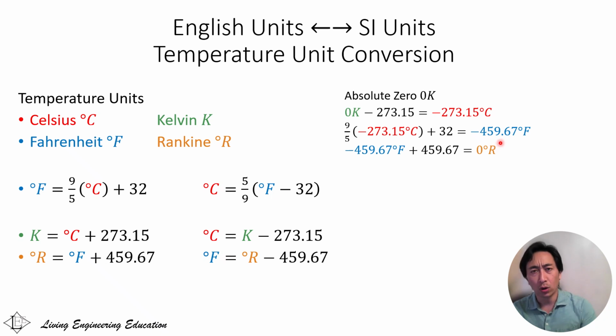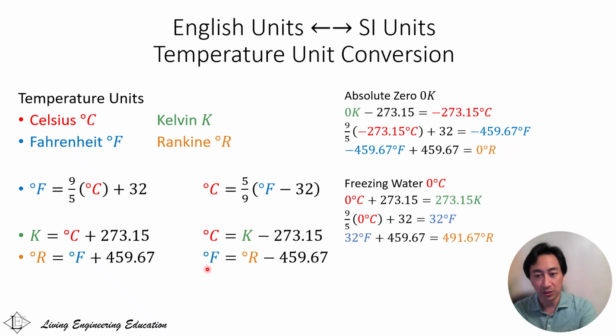All right, what are two other good reference points? Well, the temperature of water at different phases is an important one. So at 0 degrees Celsius, we have freezing water, right? So we can convert between these three forms as well, right? So in Kelvin, we just add 273.15.